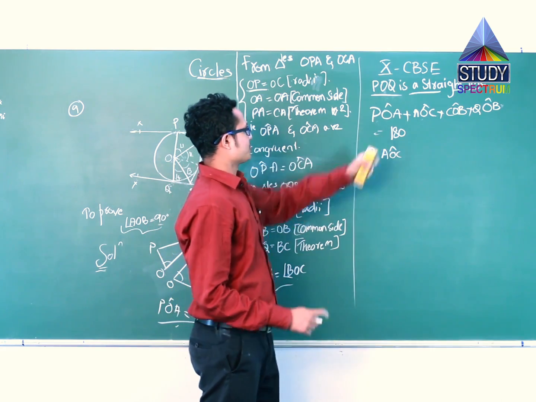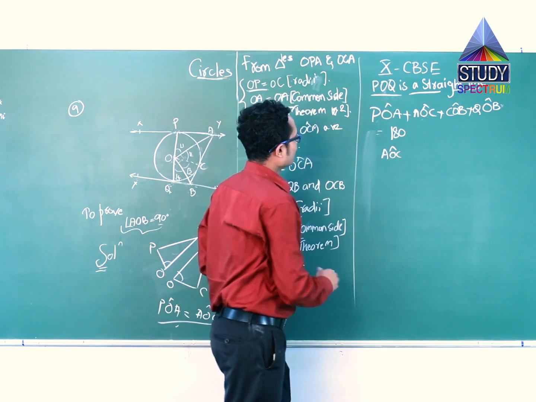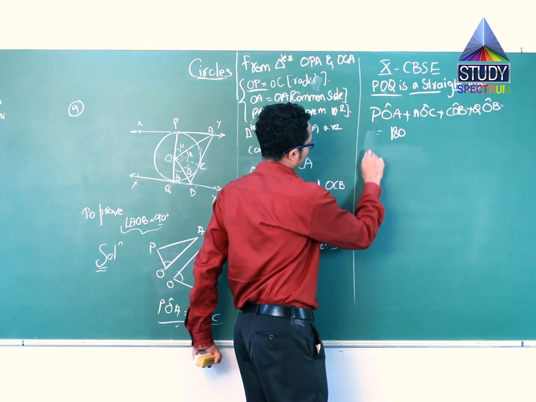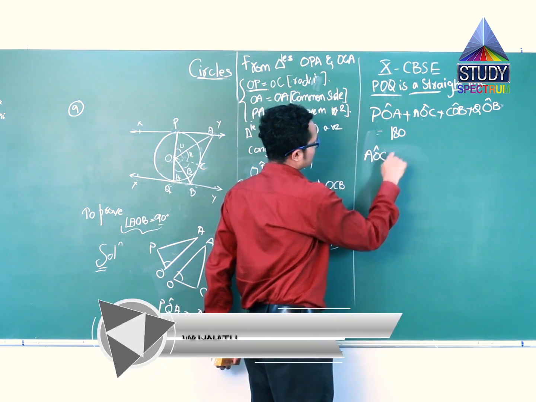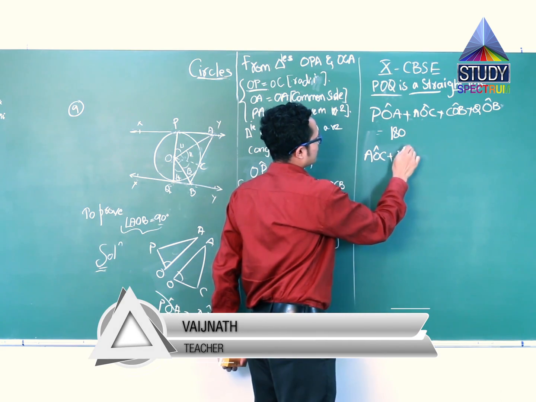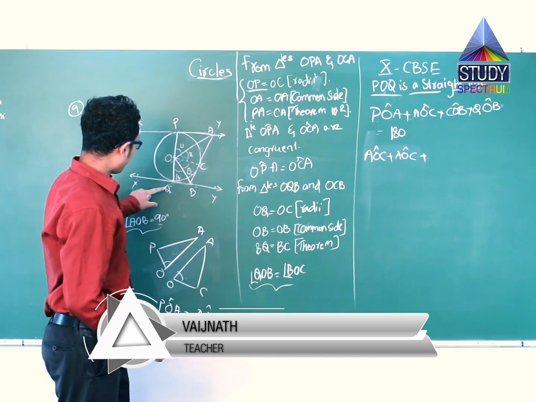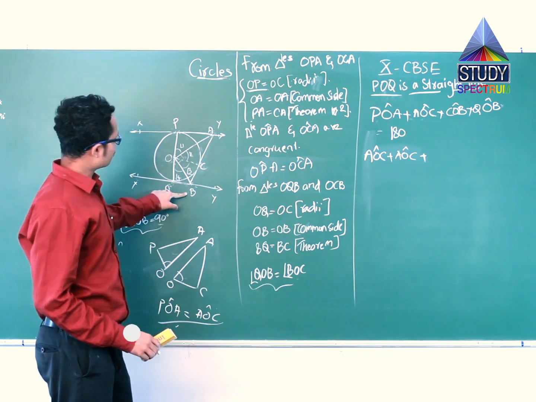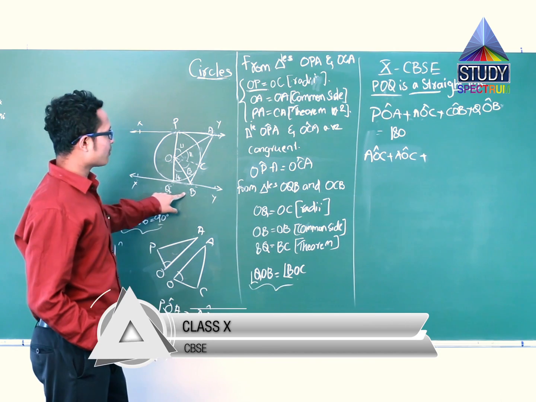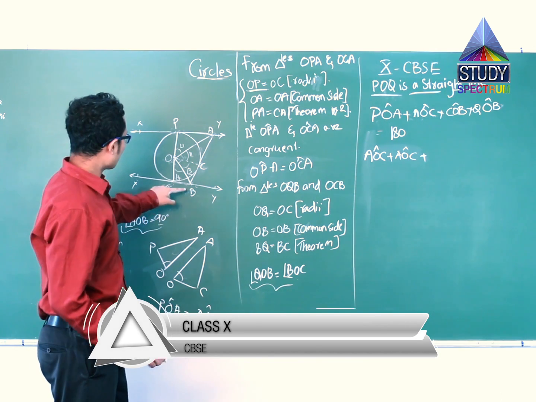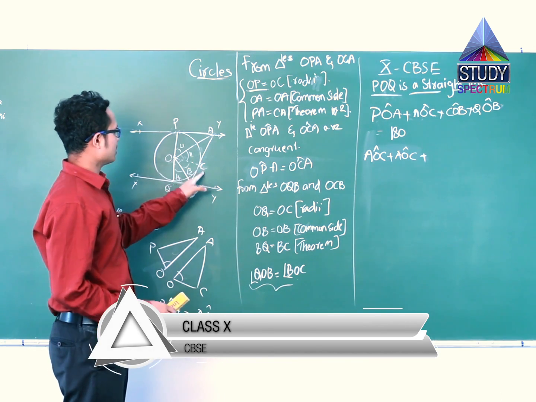Therefore, when I substitute, let me just substitute here. Angle AOC plus this angle AOC written as it is plus. Now look at this. Angle QOB, by now you should write this. Angle QOB equal to what? If you got this as BOC, then you are right.